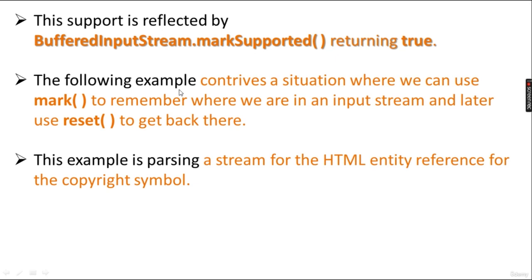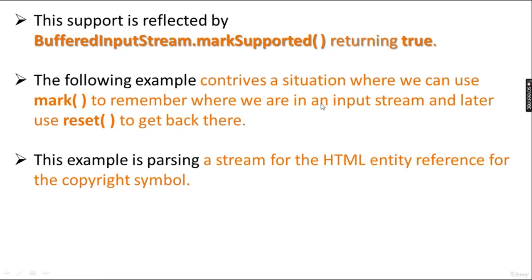Now, the following example contrives a situation where we can use mark: remember where we are in an input stream and later use reset to get back there. Here we will use two functions. First is mark, second is reset.